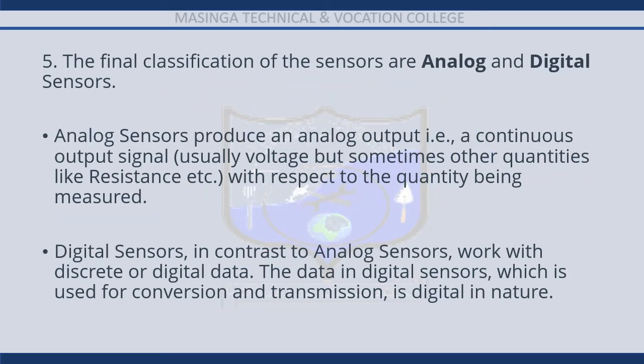The final classification for sensors is analog and digital sensors. Analog sensors produce an analog output, that is, a continuous output signal. This can be in the form of a voltage, which is then measured. Digital sensors work with discrete or digital data. The data in the digital sensors, which is used for conversion and transmission, is digital in nature.